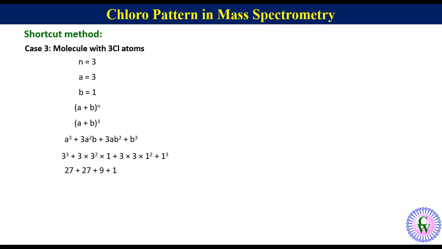These are the relative abundance of M, M plus 2, M plus 4 and M plus 6 peaks. Thus, the intensity ratio of M, M plus 2, M plus 4 and M plus 6 peaks will be 27:27:9:1.